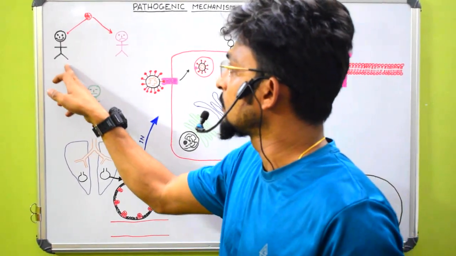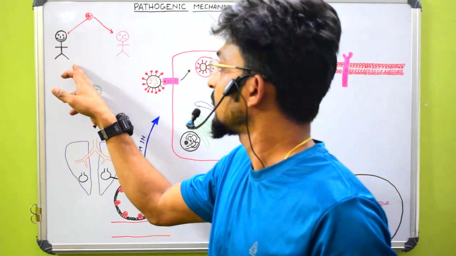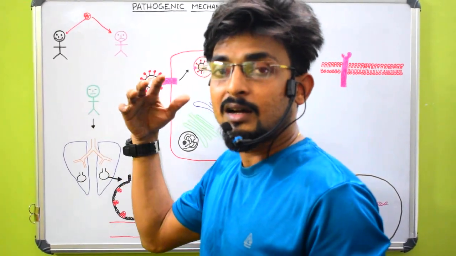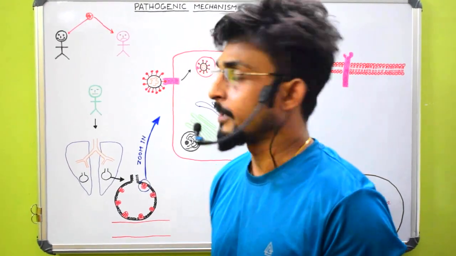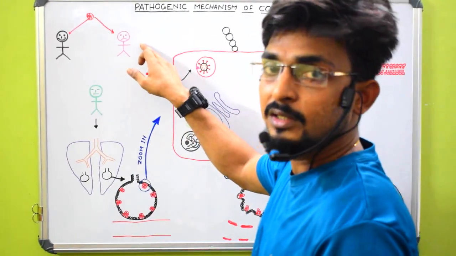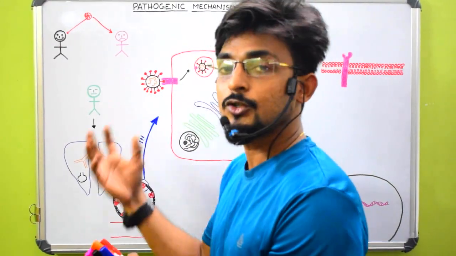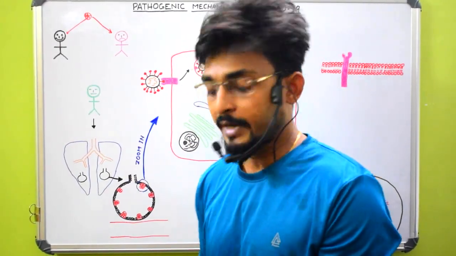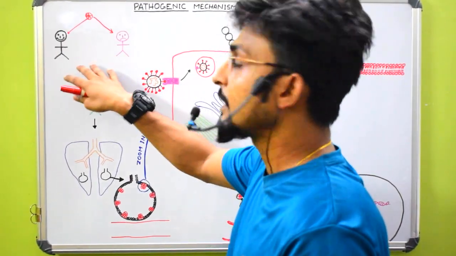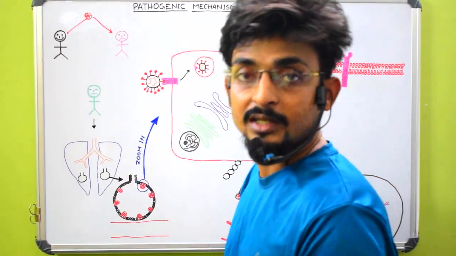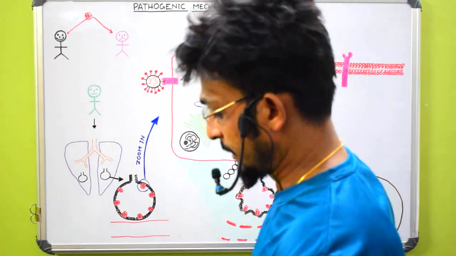This person is not showing any signs and symptoms, but can still spread the disease. This person has the infection along with signs and symptoms. Both are capable of spreading the virus to another, normal person over here.